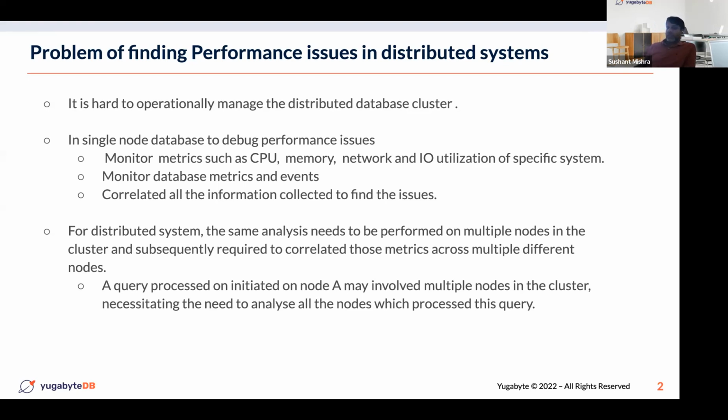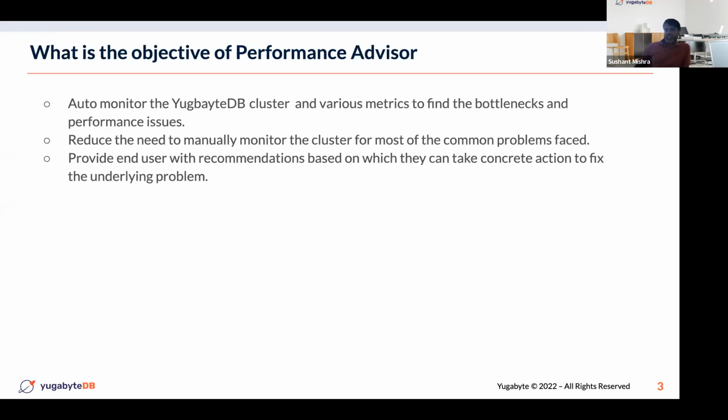The idea was: can we auto-detect bottlenecks and performance issues based on the various metrics available from the database? One of the objectives of this project is to reduce the need to manually monitor the cluster for most of the common problems faced.